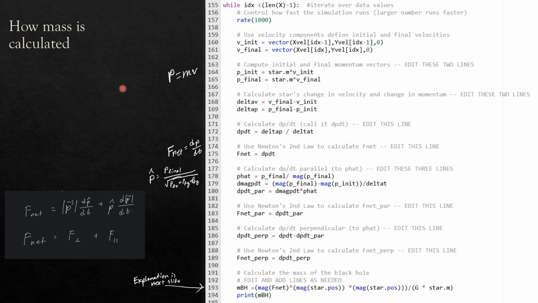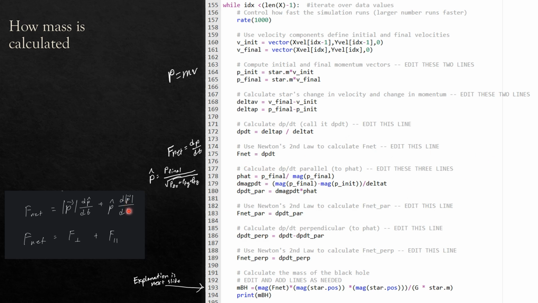From the code, we found our initial and final momentum using p is equal to mv. And then afterwards, we have that F net is equal to dp/dt. And then from here, we simply use the equation for F parallel in code form, which is this.